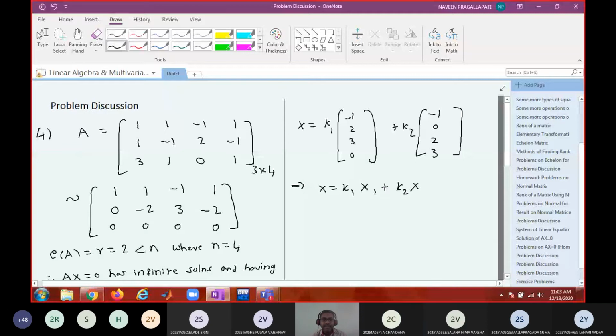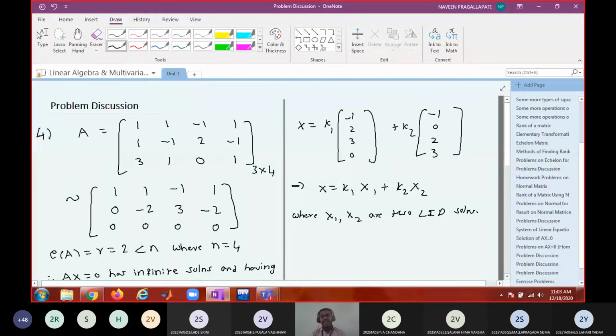where x1 and x2 are two linearly independent solutions. Is this clear?